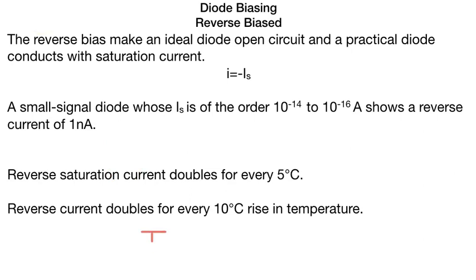IC2 equals IC1 times 2 to the power (T2 minus T1) divided by the interval, and with this formula you can calculate the reverse saturation current.